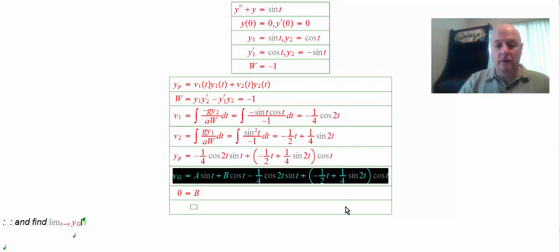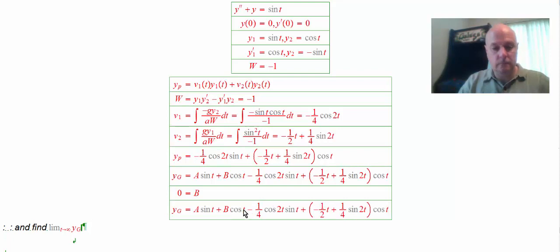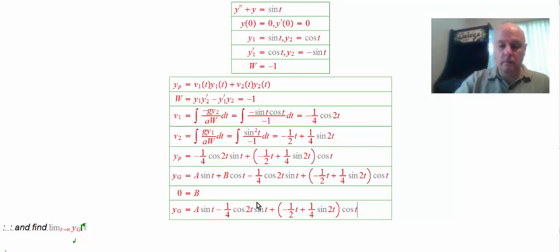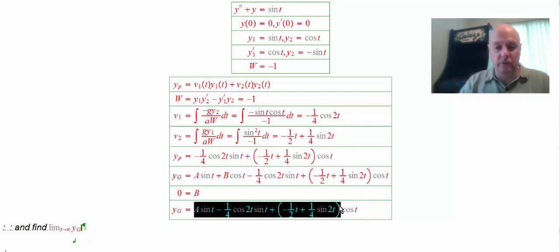That means our general solution must be of this form. Now I need to take the derivative of it so I can invoke the second condition here, that y prime naught is equal to 0.